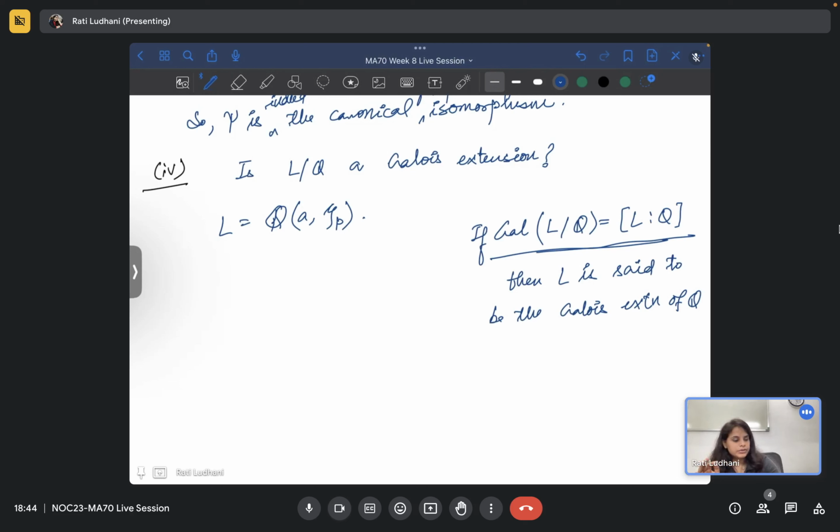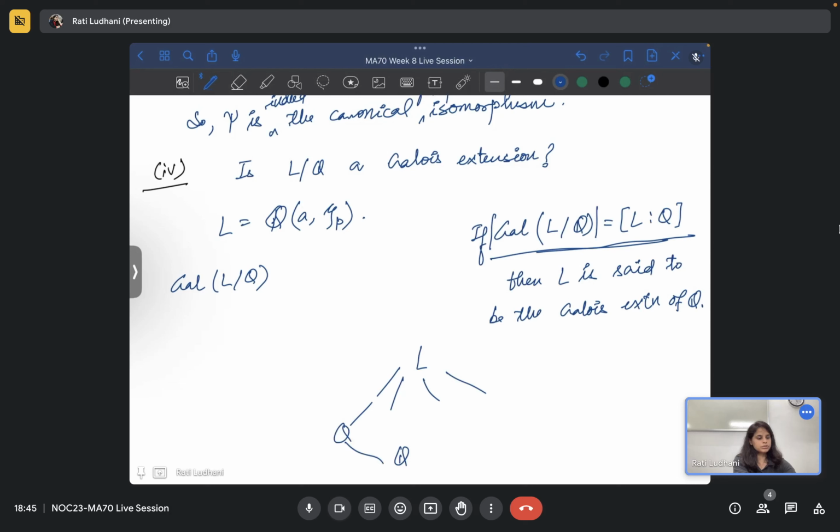Okay, so let's try to do that. We already have L over Q. What is this? I mean the cardinality, of course. Ma'am, I have not understood what the question is saying. Okay, so question 4 is saying there is L, there is Q. There are intermediate fields, right? There is some field, we don't know, maybe Q something.